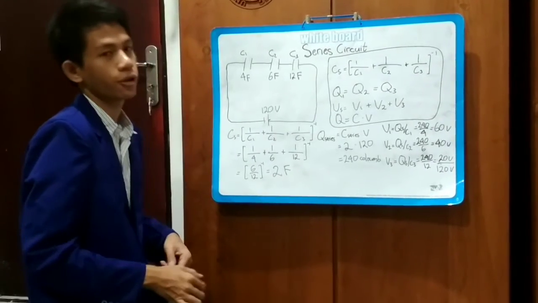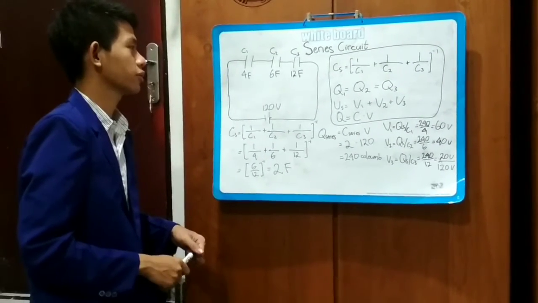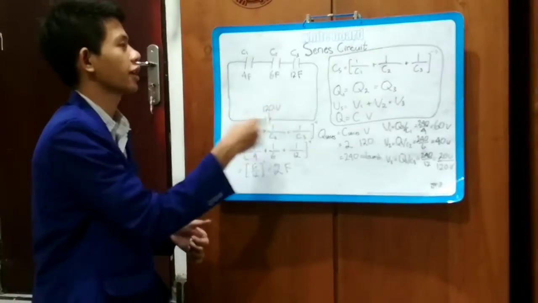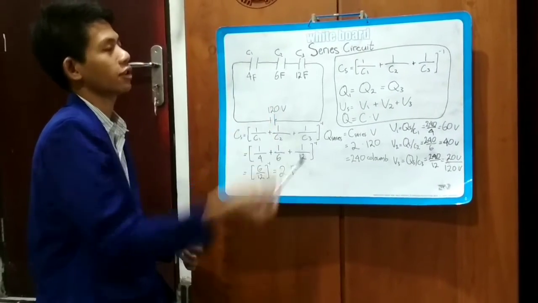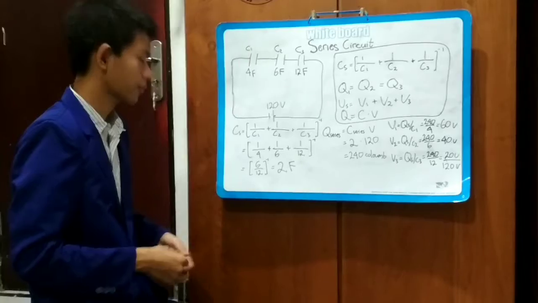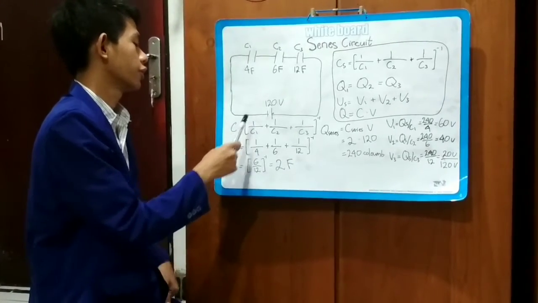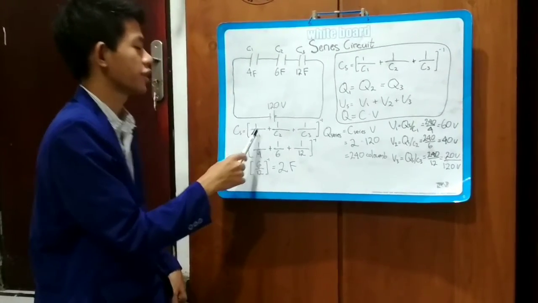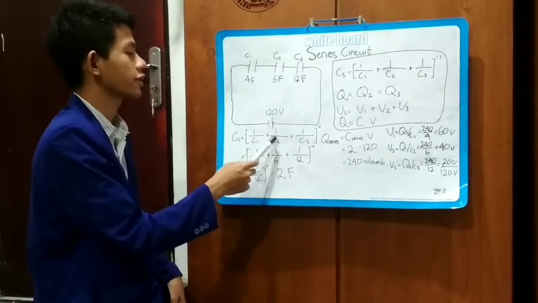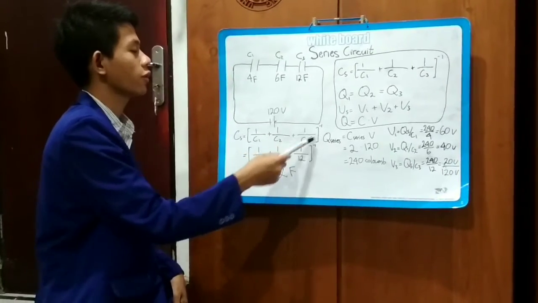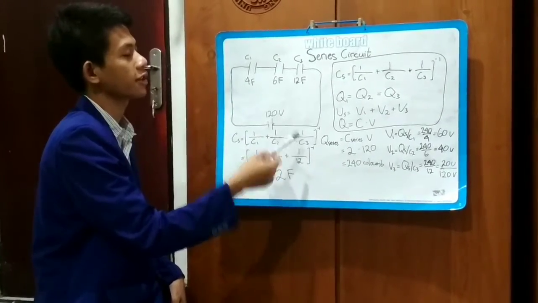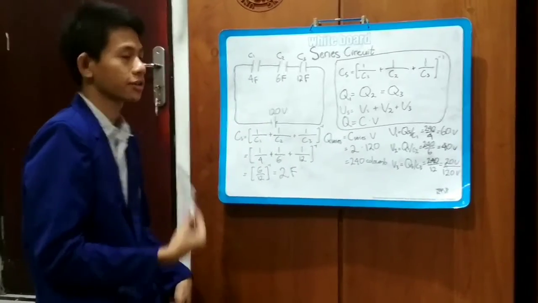So now we can calculate the capacitance in series circuit. So the formula is 1 over C1 plus 1 over C2 plus 1 over C3, all raised to the minus 1.